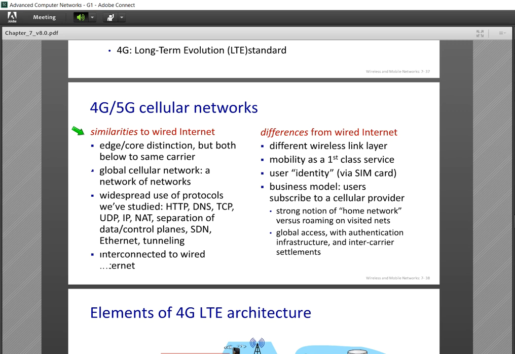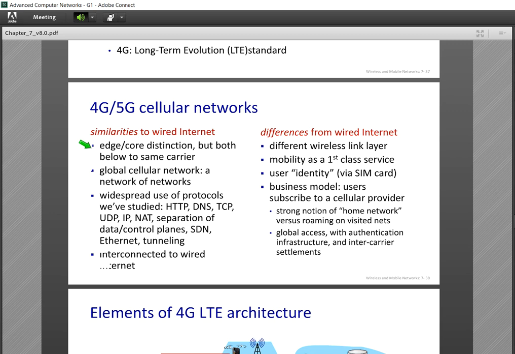The similarity between wired and wireless technologies is that, although at the edge we are using wired or wireless technology, at the core of the network, both of them use a similar carrier.